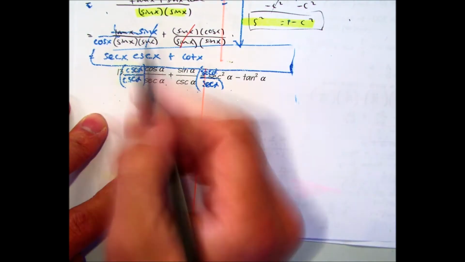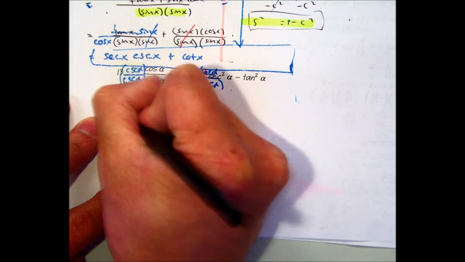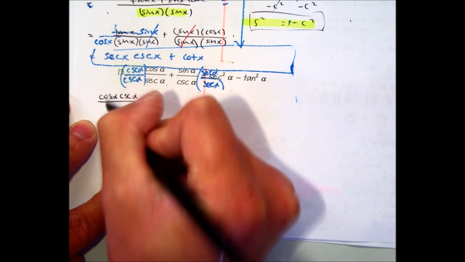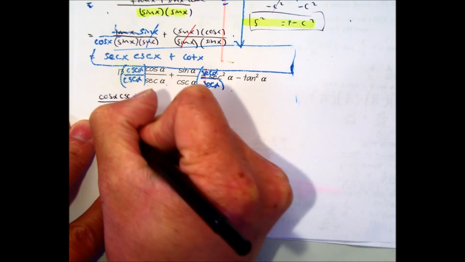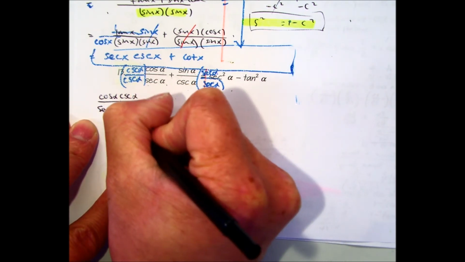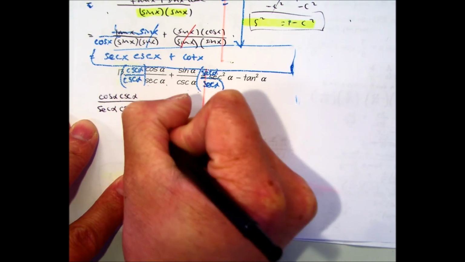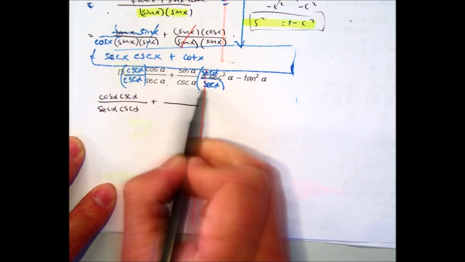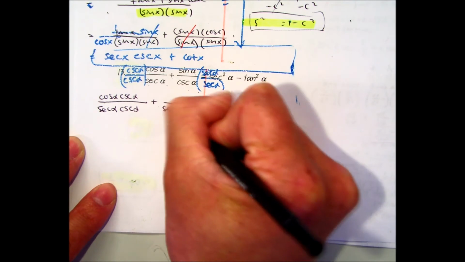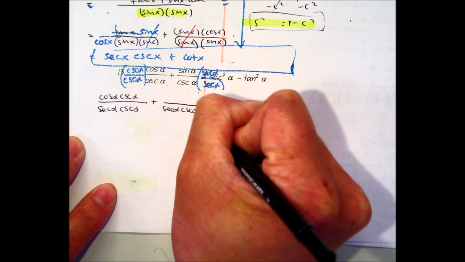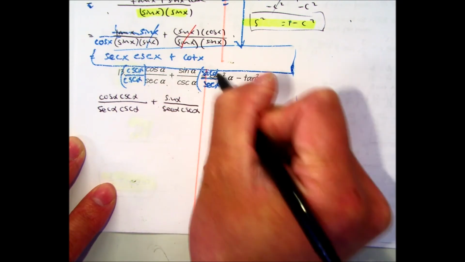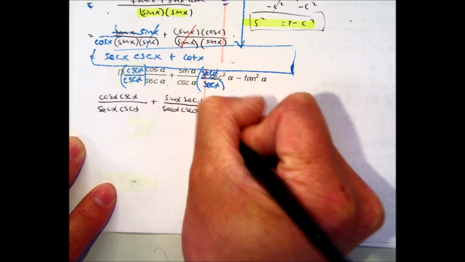This is going to give me a cosine alpha cosecant alpha all over secant alpha cosecant alpha. It doesn't matter which order you have them because they're multiplication. And then I'm just going to match this one on this side, so secant of alpha cosecant of alpha, and then I have sine of alpha secant of alpha.